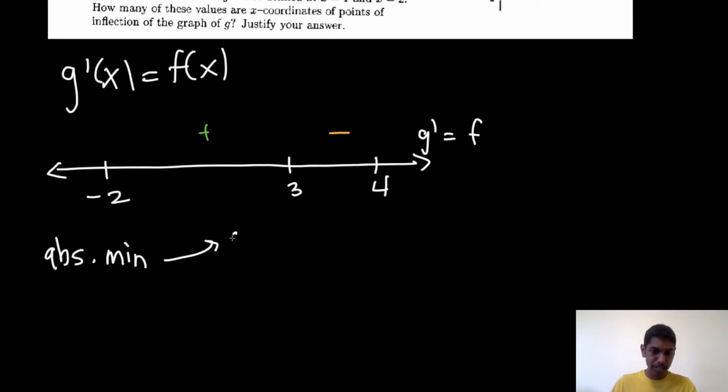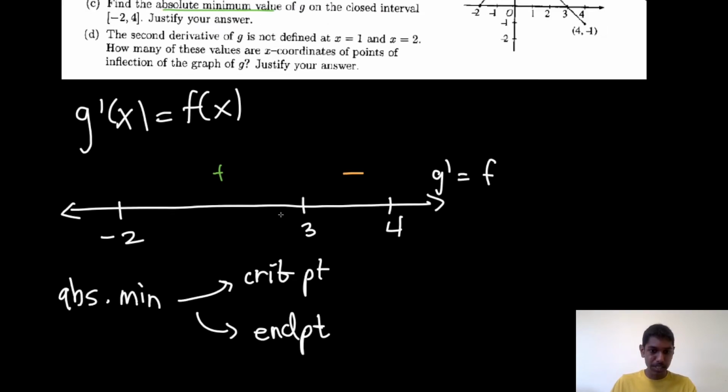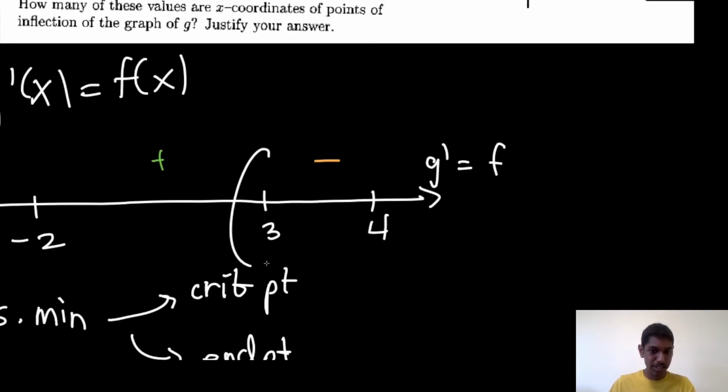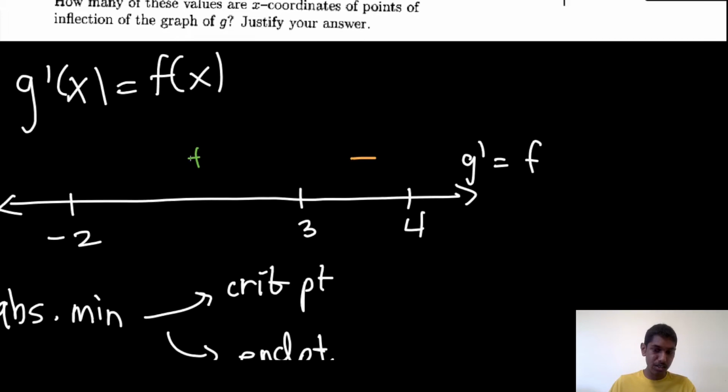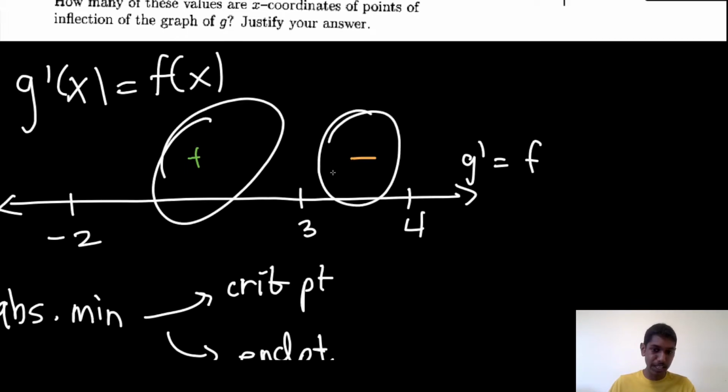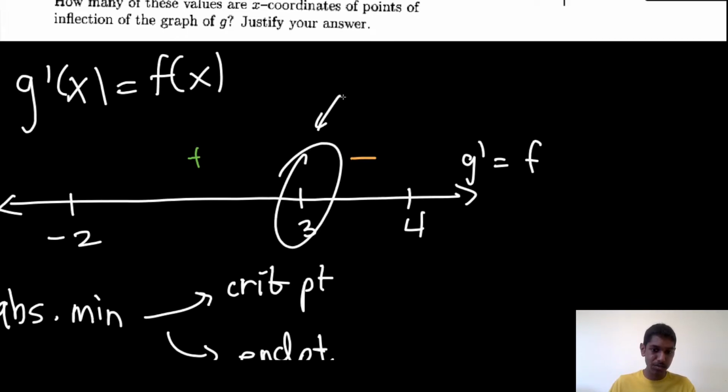So this can happen either at critical points or at endpoints, right? But here, the only critical point is 3, x equals 3. However, at x equals 3, we can see g prime changes from positive to negative. So that means x equals 3 is a relative maximum, right?